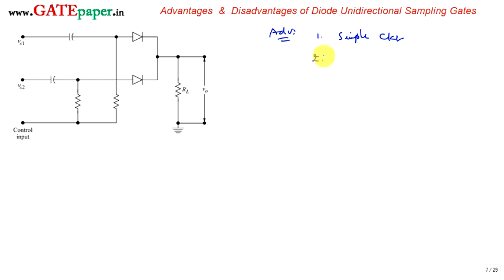And the second one: the time delay between output and input is very small. During the transmission period, when the input is applied, the capacitor doesn't allow instantaneous changes, so the input directly appears at the output side.